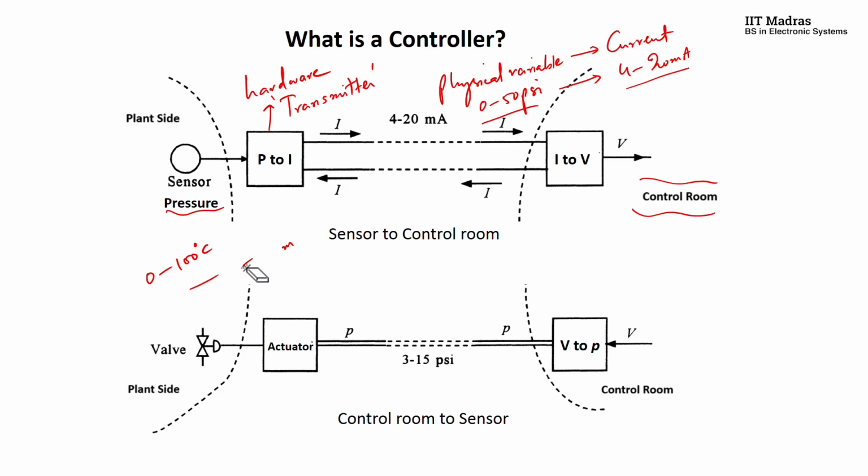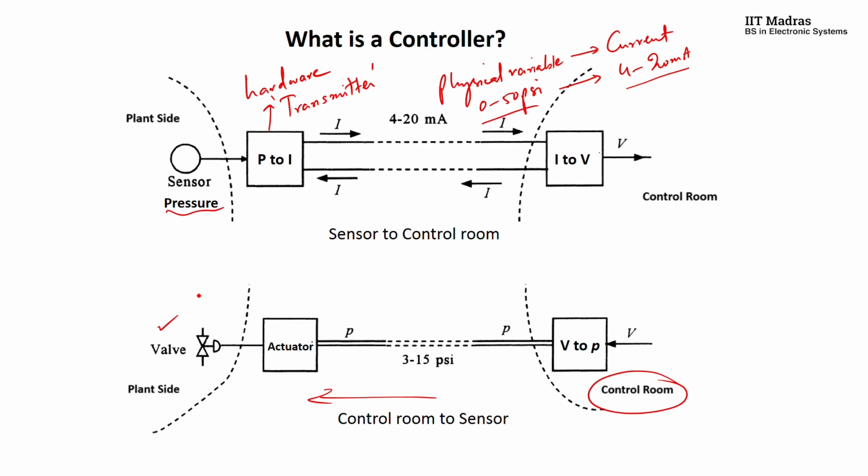Now, if we need to take a control action from the control room towards the plant side, for example to operate a valve, there are two ways of doing it. Since the hardware exists for these two ways, I'll tell you the possible options.